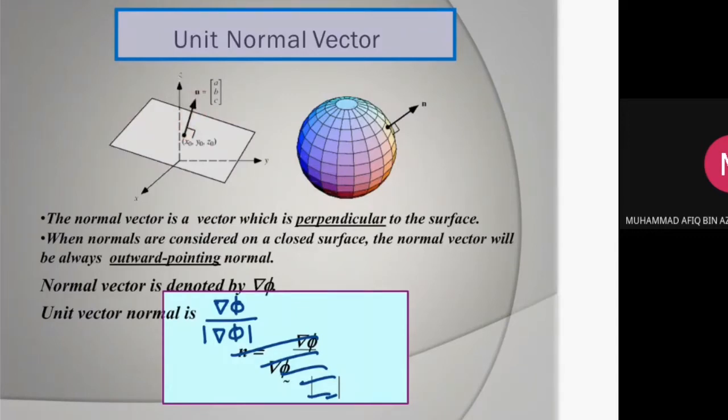And when normals are considered on a closed surface, the normal vector will always be outward pointing. The normal vector is denoted by gradient phi, and the unit normal vector is gradient phi over magnitude of gradient phi.